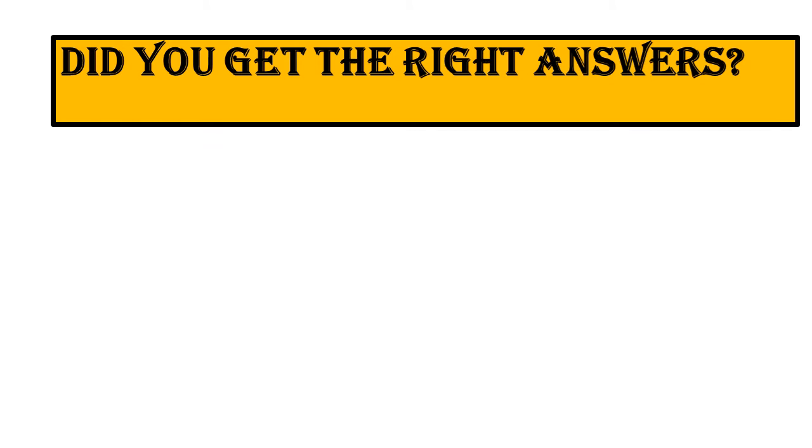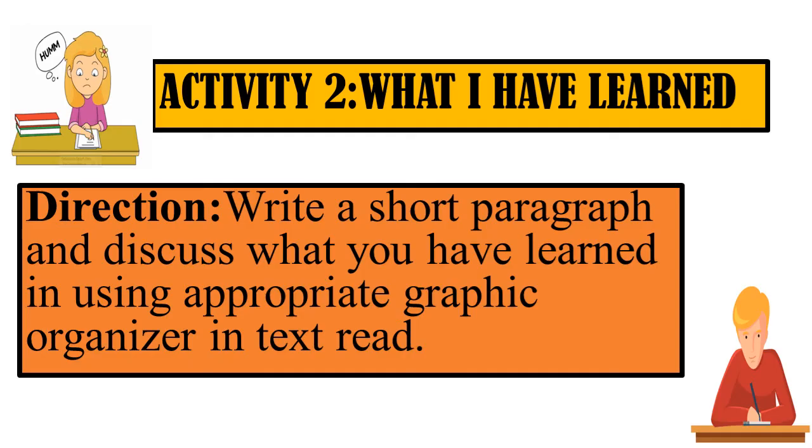Now, it's time to have our activity number 2. Activity number 2, entitled What I Have Learned. Direction: write a short paragraph and discuss what you have learned in using appropriate graphic organizer in text read.